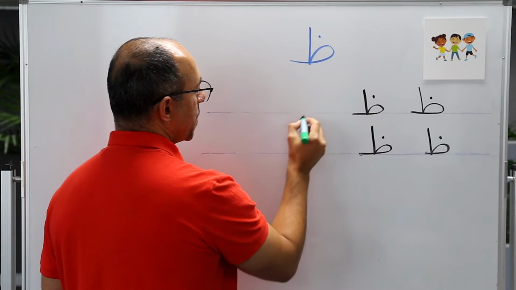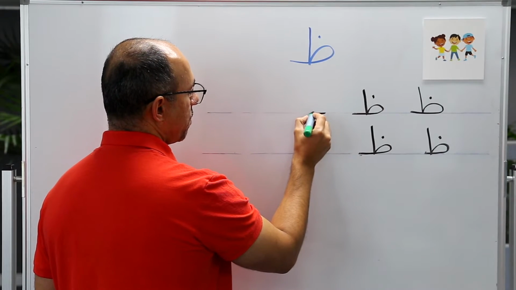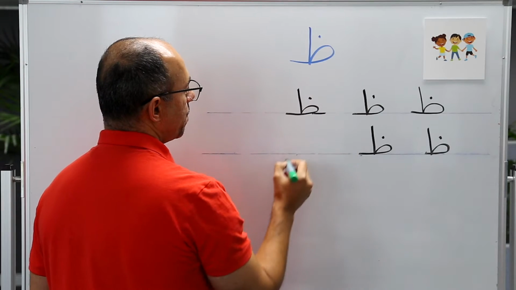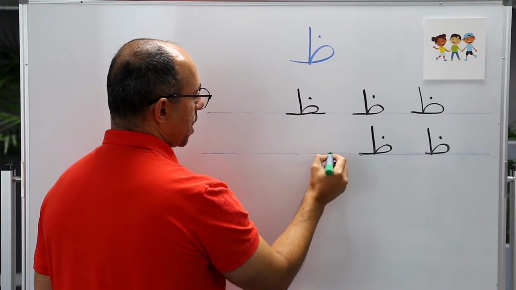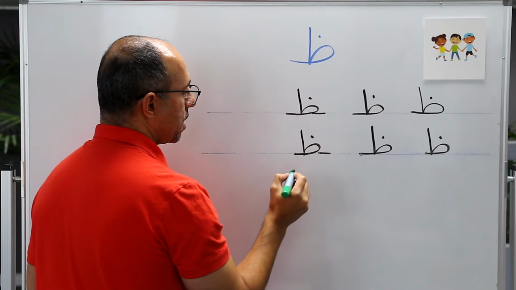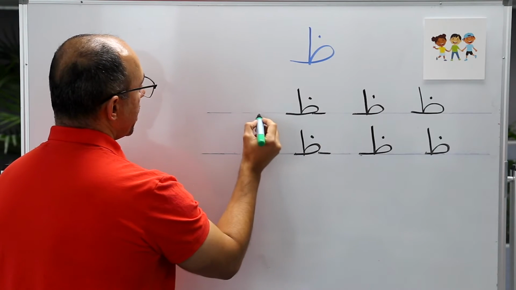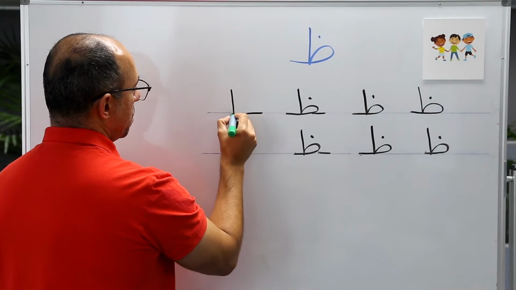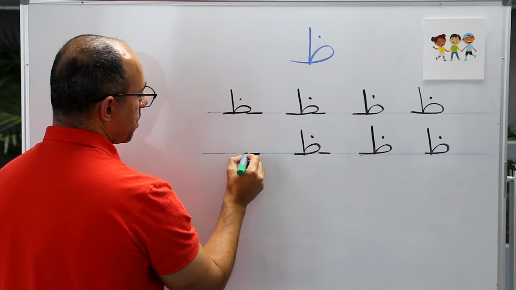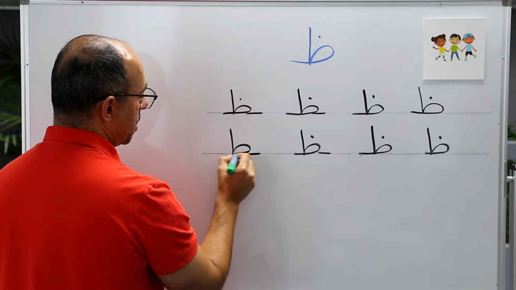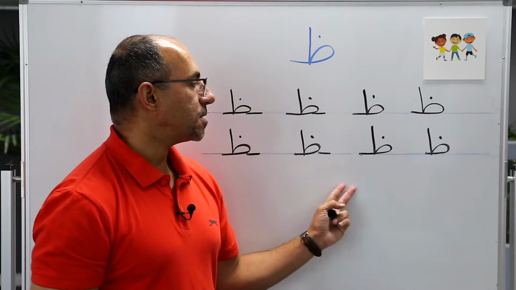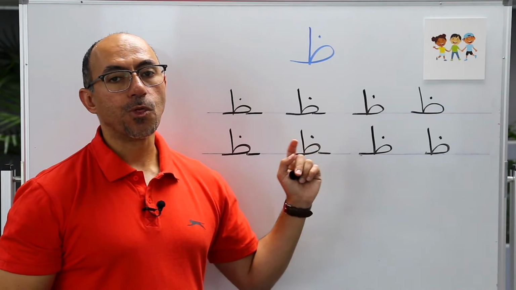In the middle, we come from the previous letter, write the letter and go to the next letter, and then the dot. At the end, we come from here and finish it off here. So come from the previous letter, draw the letter, and don't forget the dot. So this is the letter.